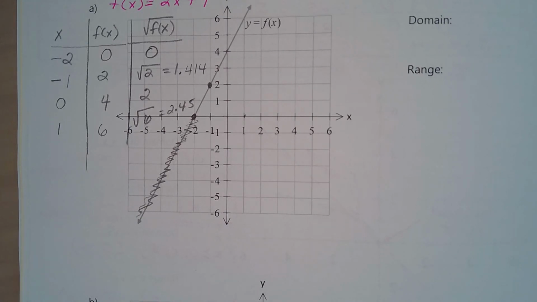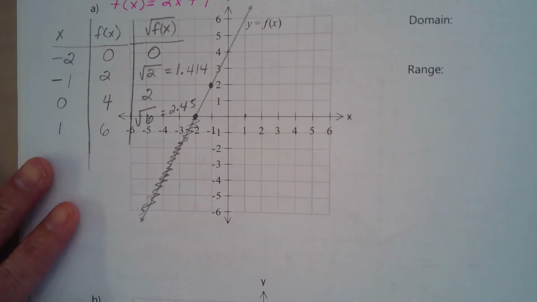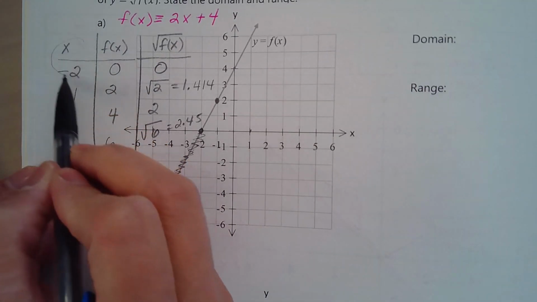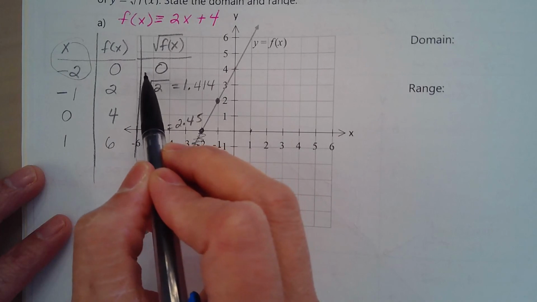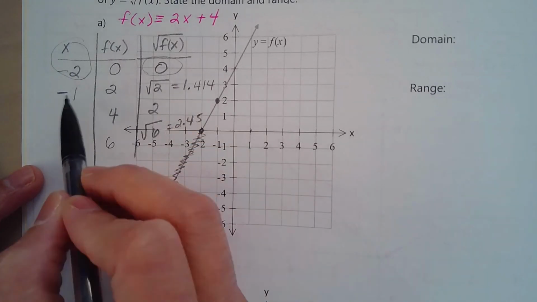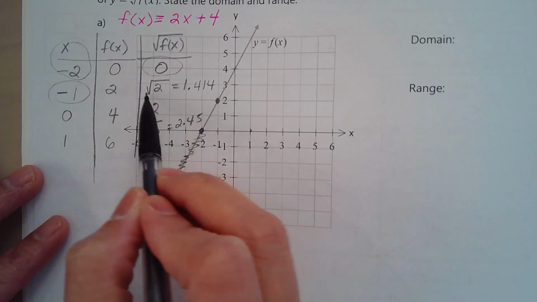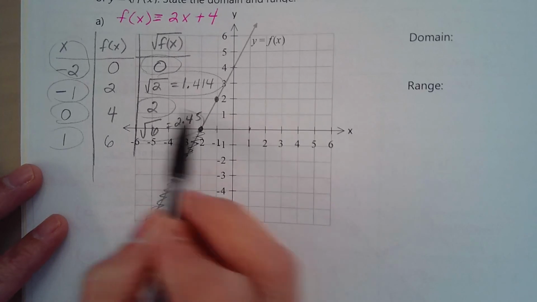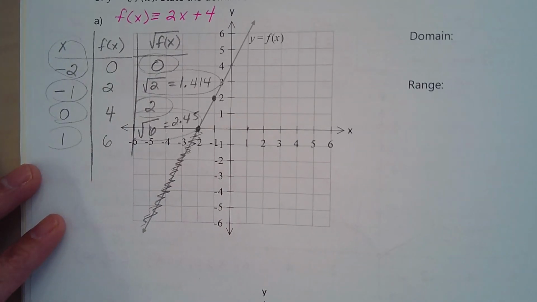So what's the new function? What's the new graph? It's a new graph. What we're going to do is take the x and the square root of f of x, so we're going to take these two. Let's do that.